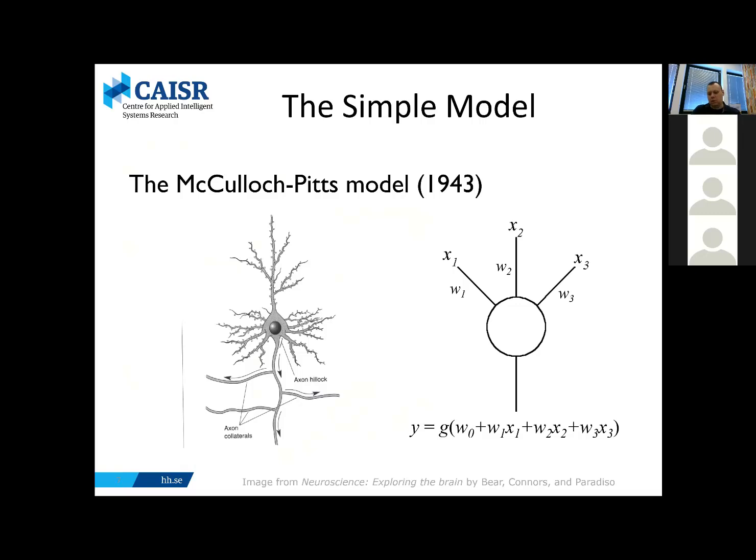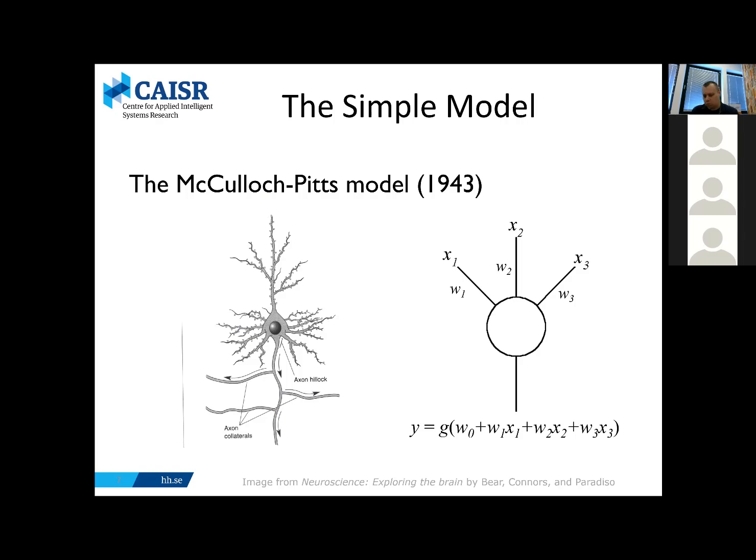And if you think about the very simple way of looking at what we understand about our brain, it consists of neurons. And a neuron is this kind of strange thing which is connected to some other neurons, and then it can be either active or not. So if you are trying to mathematically formulate this, you would end up with, let's say, a circle like this, which has some inputs, x1, x2, x3.